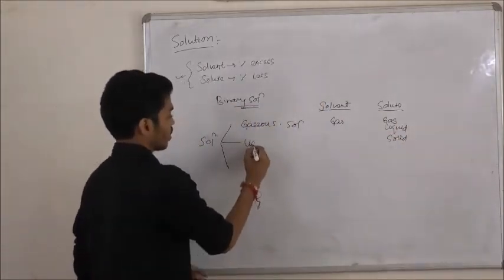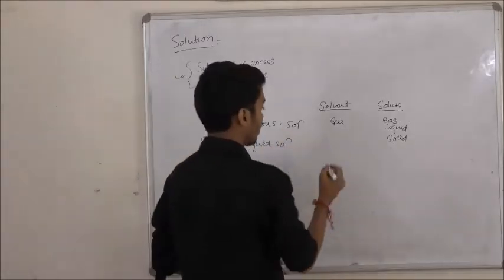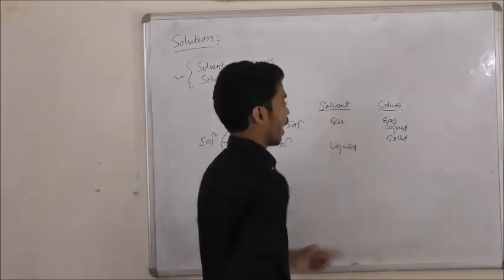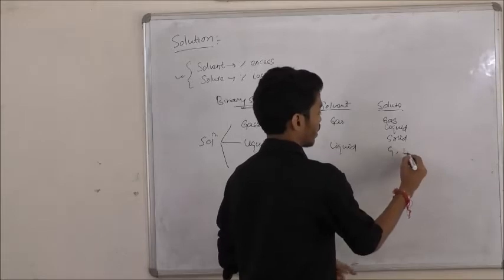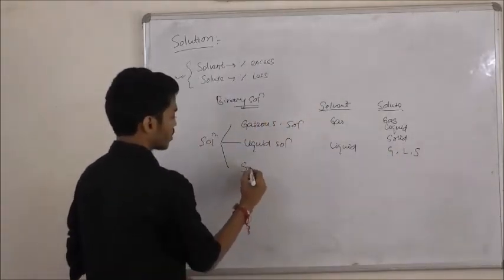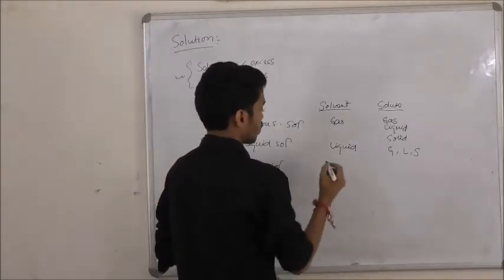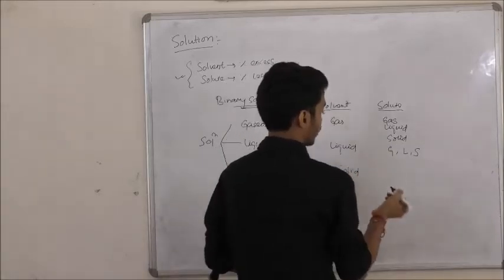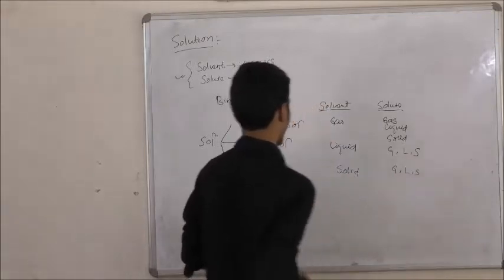Similarly, the second one is liquid solution. Here the solvent is liquid, and the solute can again be gas, liquid, or solid. The third one is solid solution, where the solvent is solid, and the solutes are gas, liquid, and solid.